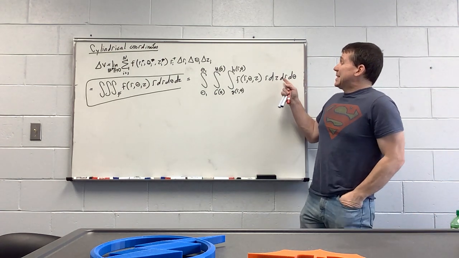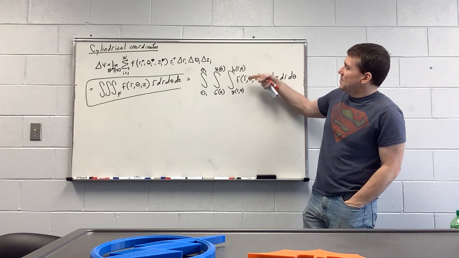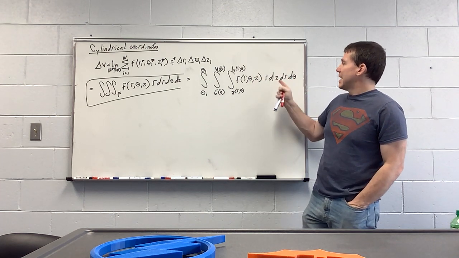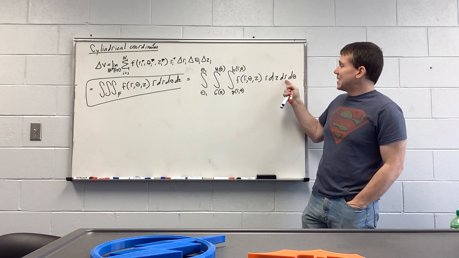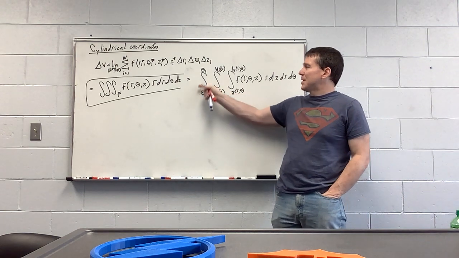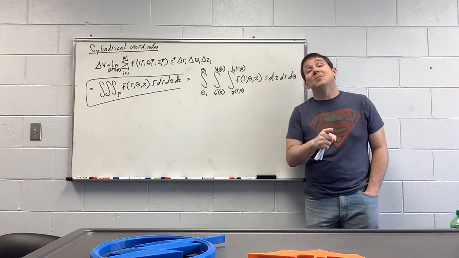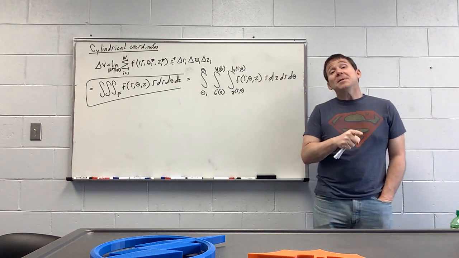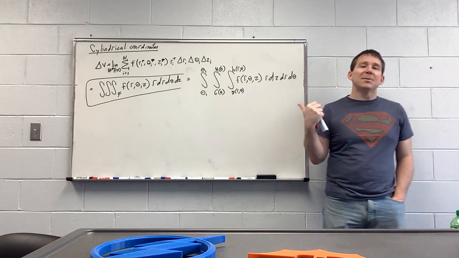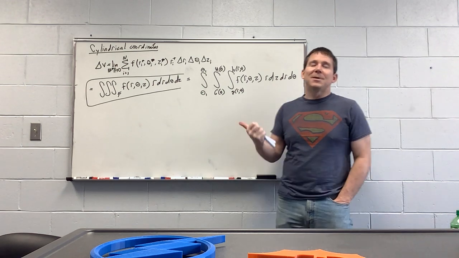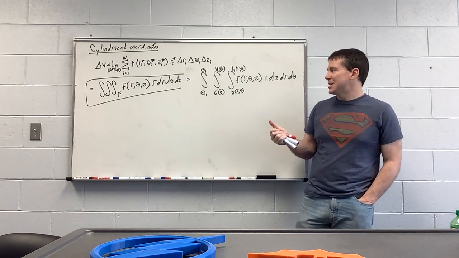I integrate with respect to z first, so z has to be a function of the other two variables, r and theta. Then I integrate with respect to r, which has to be a function of the other variable, which is just theta, and then the outside limits, theta, have to be constants. But keep in mind here, this is a general region, we've seen this before, mostly because I don't want to have to come up with lots of different cases here.